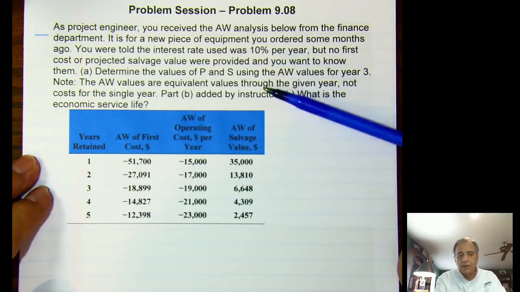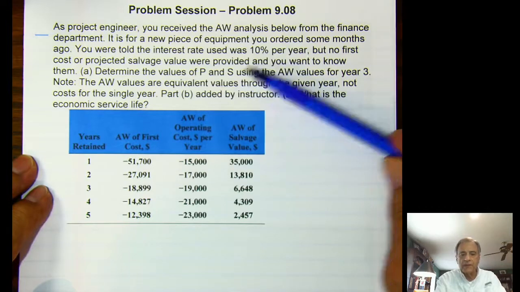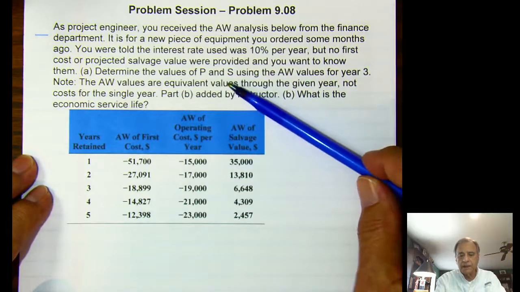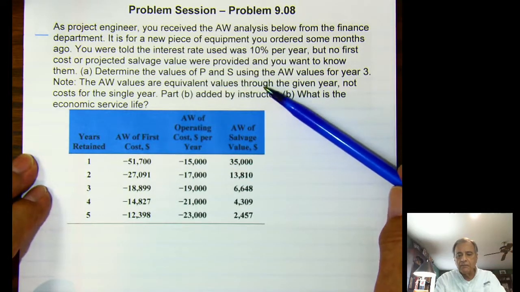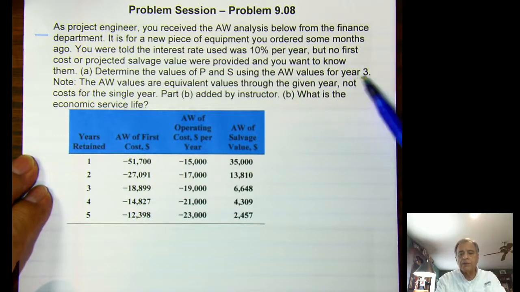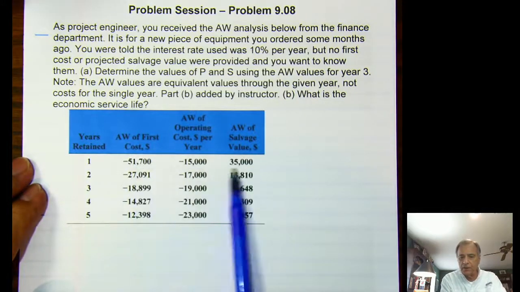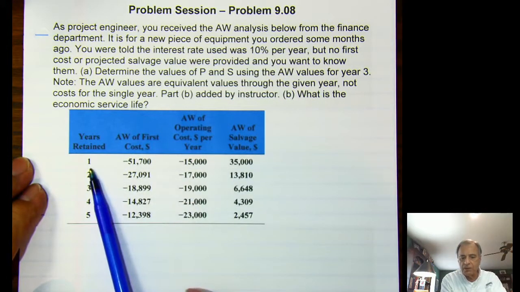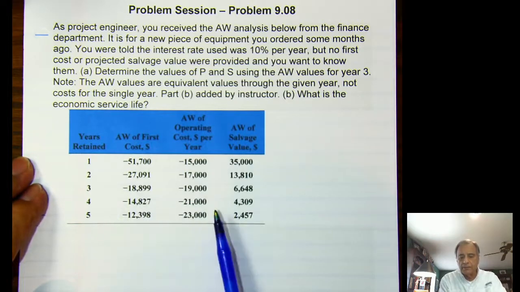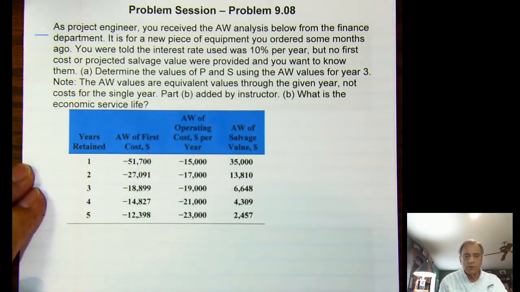So part A is determine the initial cost, the value of P, and the salvage value S, using the annual worth values for year 3. We could have used any one of the annual worth rows, year 1, 2, 3, but the question asks for year 3, so that's what we'll work.